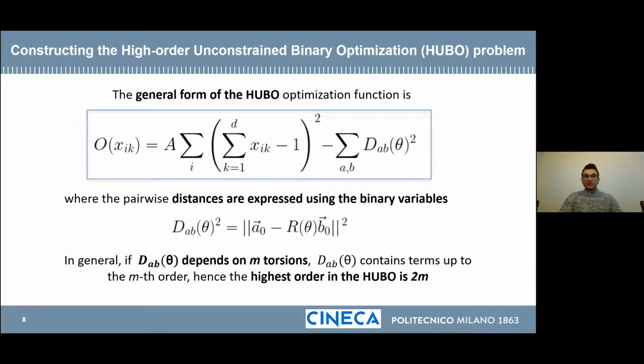In general, we have to pay attention that d_AB(theta) could depend on m torsionals at the same time. So the terms could go up to the m-th order inside the second term, and in general, the HUBO could have terms of the order of 2m.